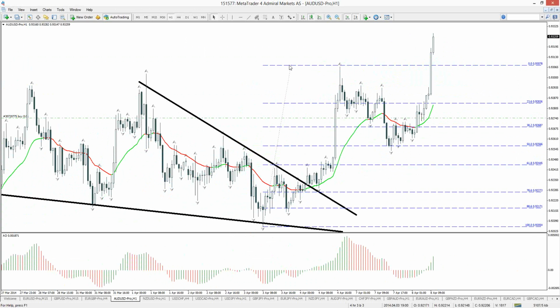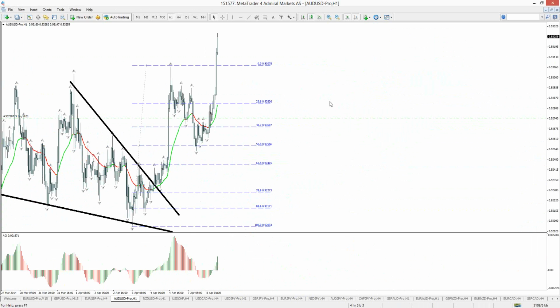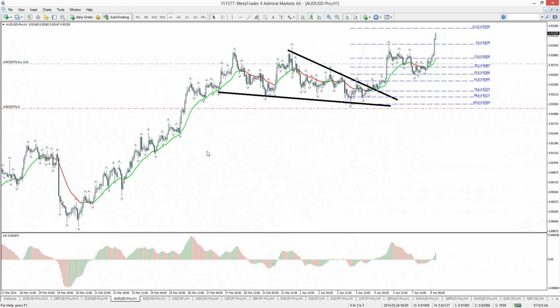If you want to use only one moving average, I would recommend probably the 21. I think it's good for single use because it's not too far away from price, but not too close to price. So it has the momentum in it, but also the trend levels in it.